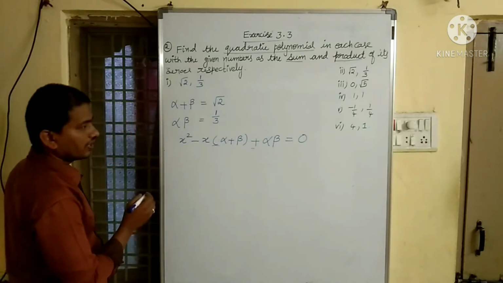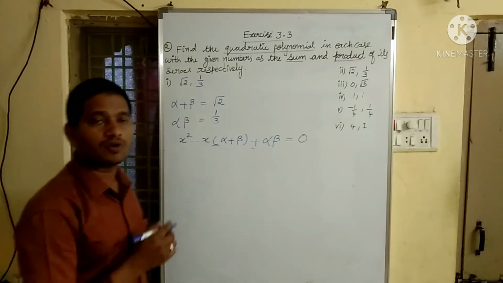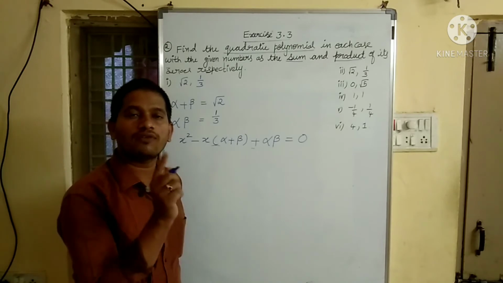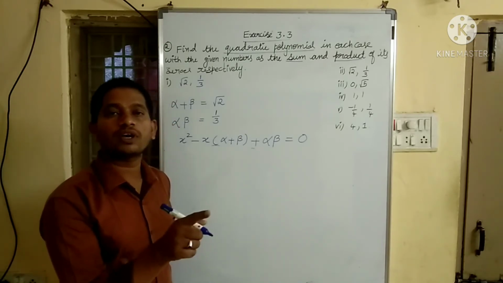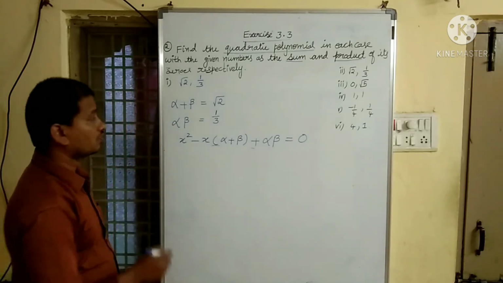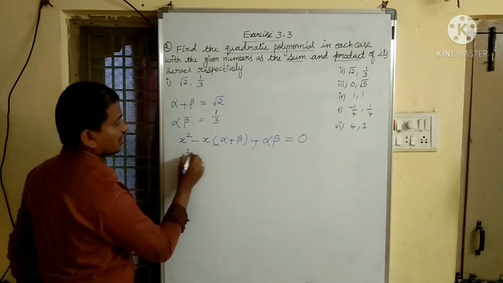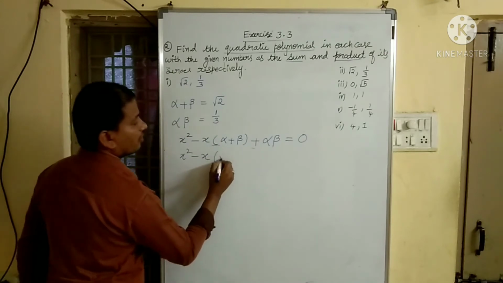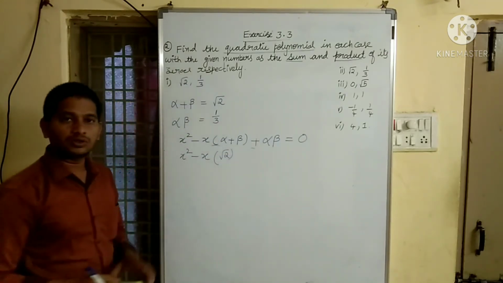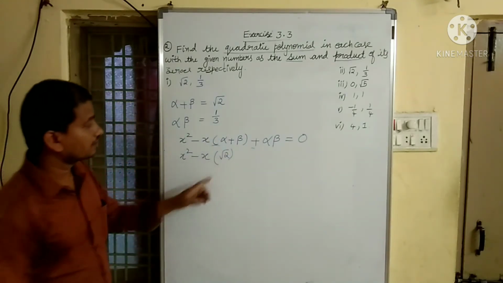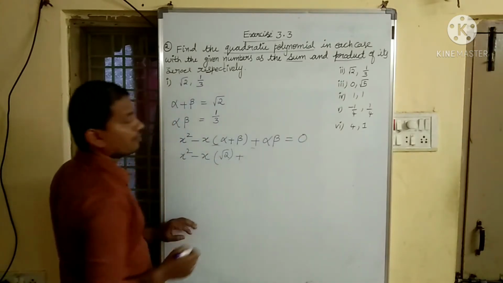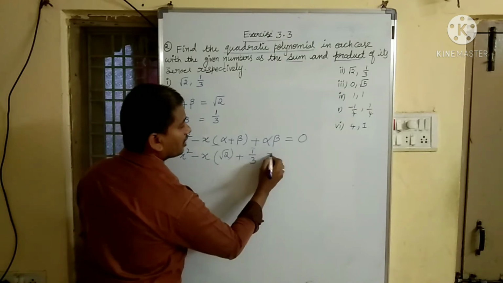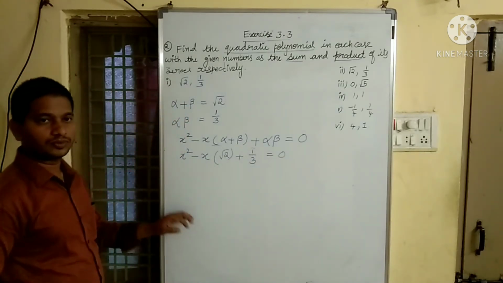Substitute. We have the formula to make a quadratic polynomial: x² minus x into (alpha plus beta) plus alpha beta is equal to 0. So x² minus x into, what is alpha plus beta? Alpha plus beta is root 2, plus alpha beta, which is given as 1 by 3, equal to 0.